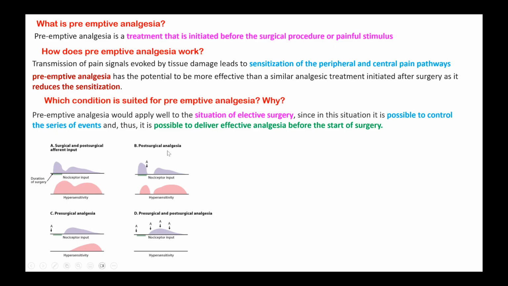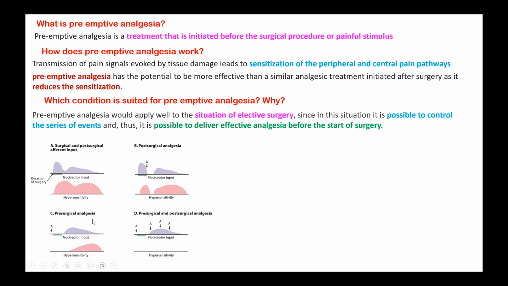Then post-surgical analgesia: surgery is completed here and analgesia is administered at this time. And the nociception input is still there. So hypersensitivity is divided into two blocks. So analgesia temporarily reduces the pain, but later on hypersensitivity happens again.